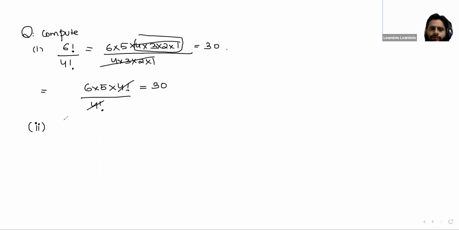So please try the second question. There is no need to note down the first question. Please try the second one: 20 factorial by 19 factorial. Please tell me the answer.